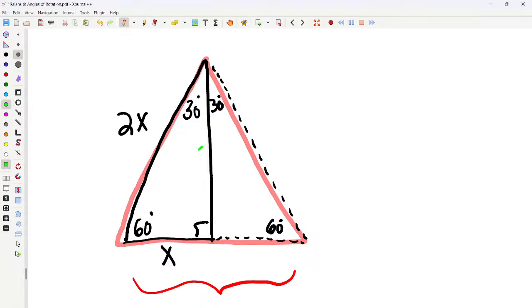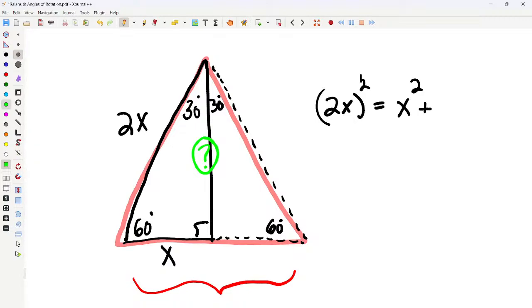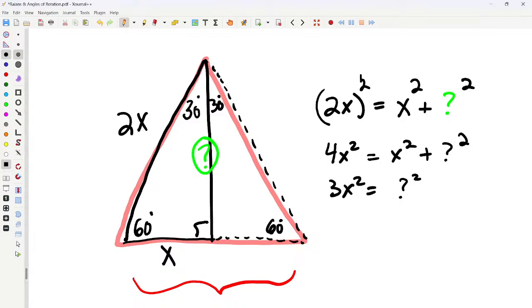So I'm just going to call this our question mark. 2x squared, the hypotenuse, is equal to x squared plus question mark squared. What's 2x squared? 4x squared. What would I do to both sides of this equation to solve for question mark? So the x comes out, this stays in, and your question mark is x root 3.